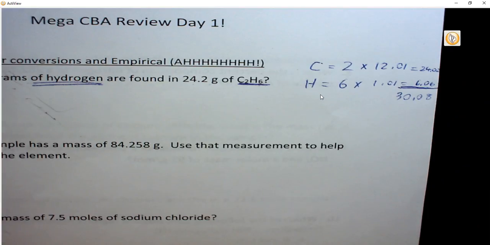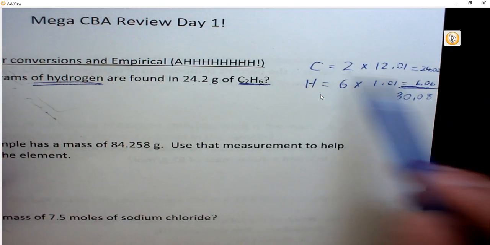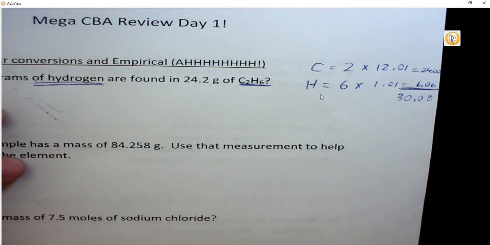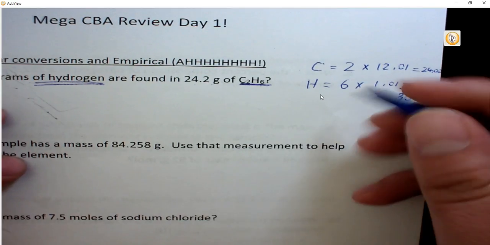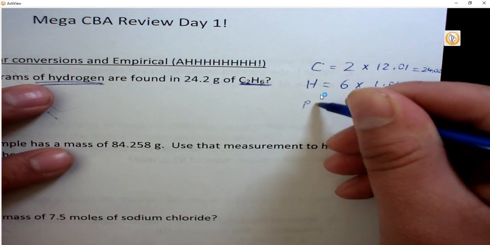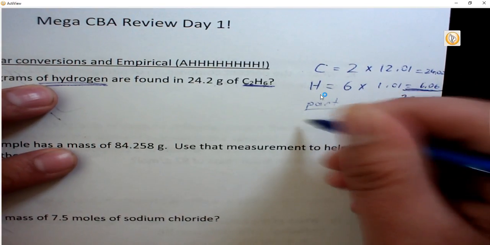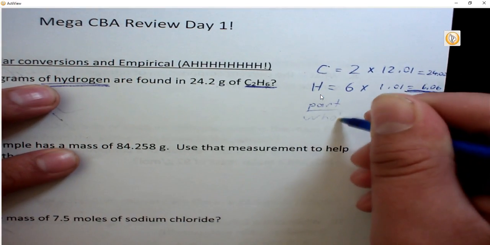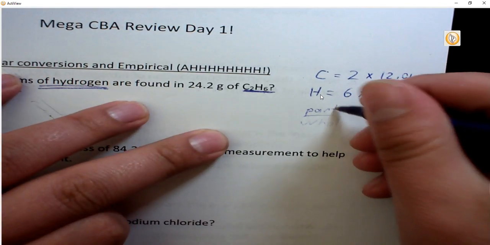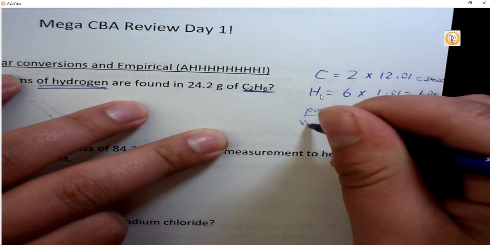Now the thing is, we're not really bothered by carbon right now. We're not really worried about it. We're worried about hydrogen. So if we wanted to create a percentage for it, we would do part over whole.